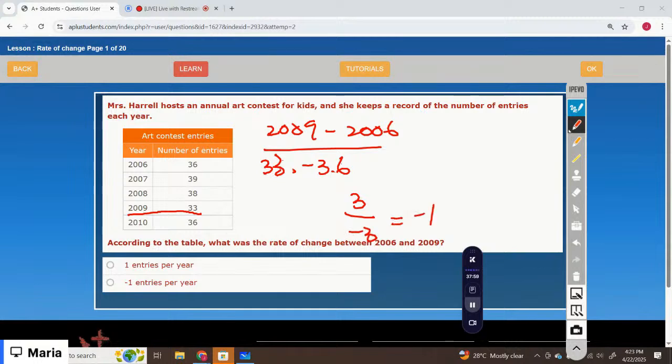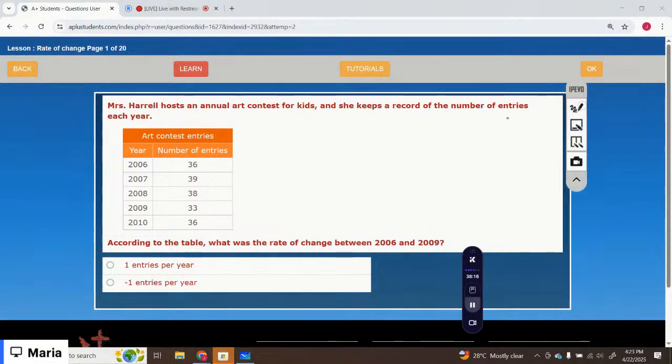Negative 3 divided by 3 is negative 1 entry per year. The entries are decreasing by 1. Negative 1 entry per year. Option number 2 is the correct option.